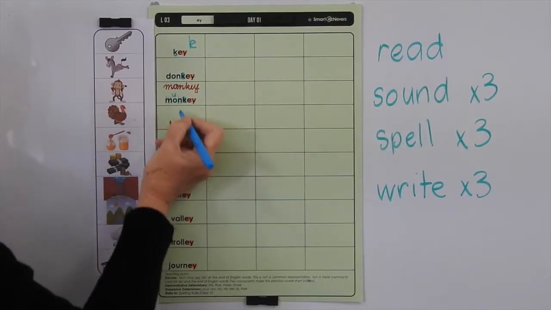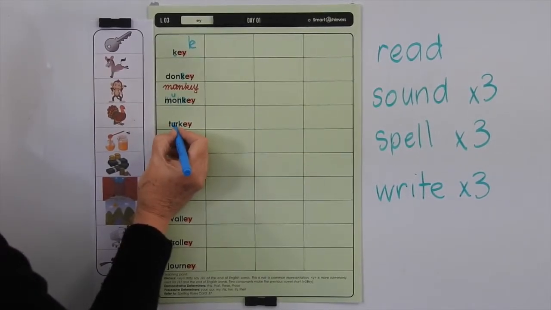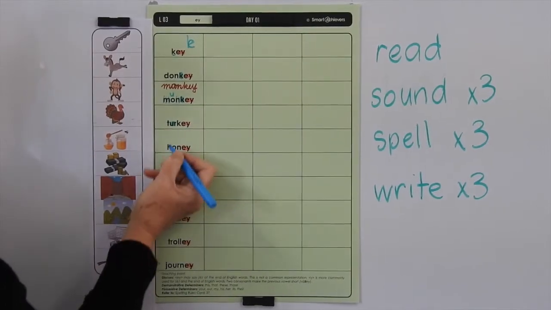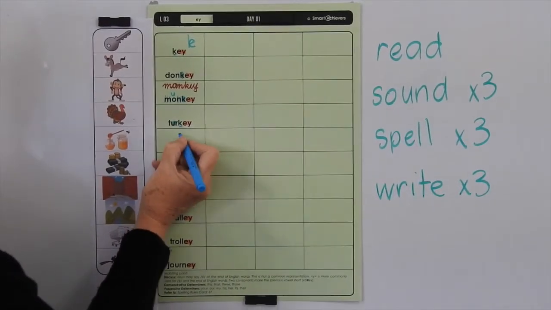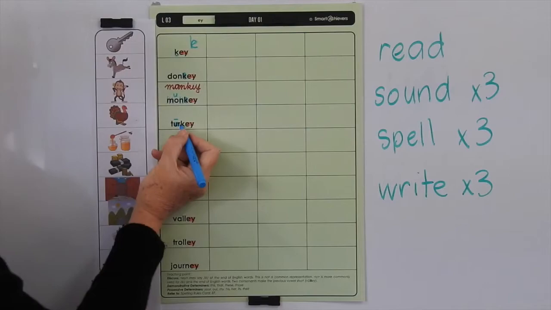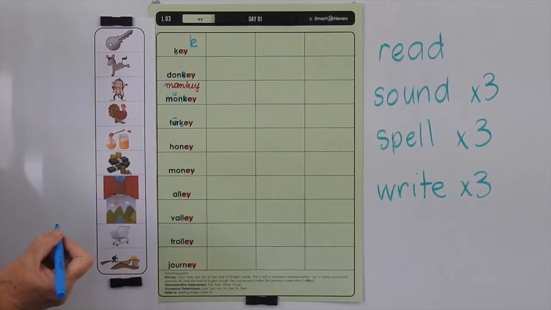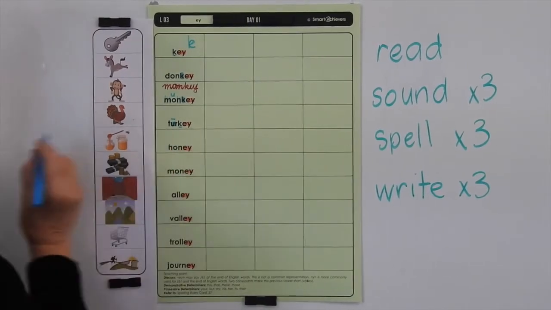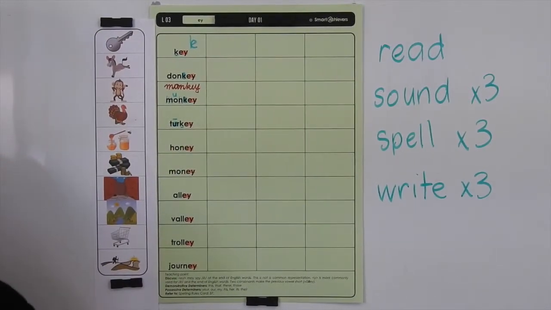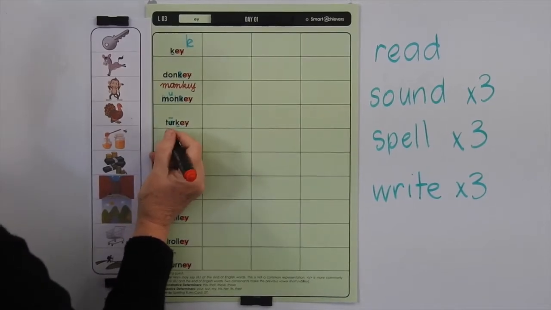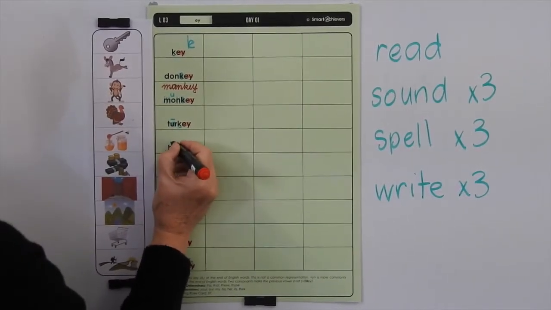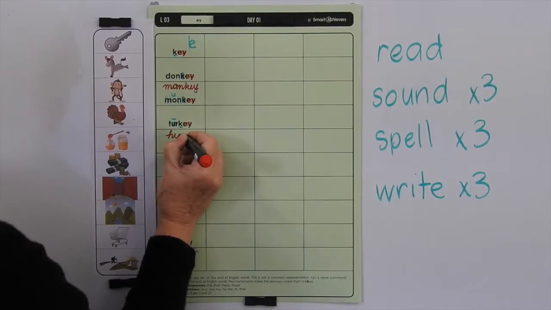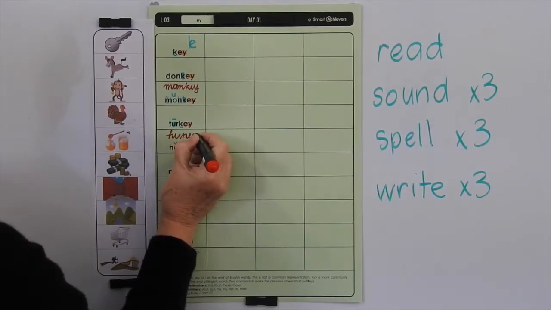It sort of follows on nicely from donkey though. You've got the UR for the sound in turkey, and we've got a K after it because that's a long vowel sound. We always use just a K after a long vowel sound. Honey, you've also got that lazy monk problem happening where the monks didn't want to make more paper and write the page out again, so they changed that U to an O in the word honey.